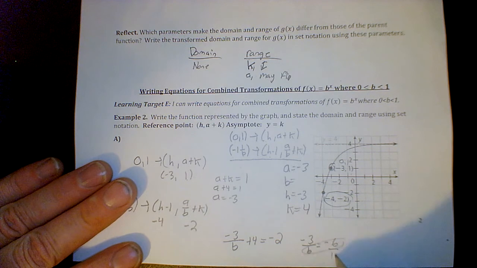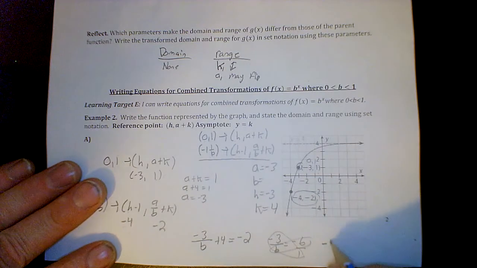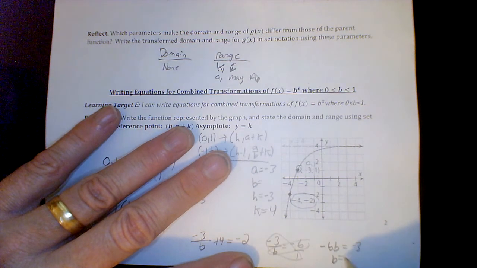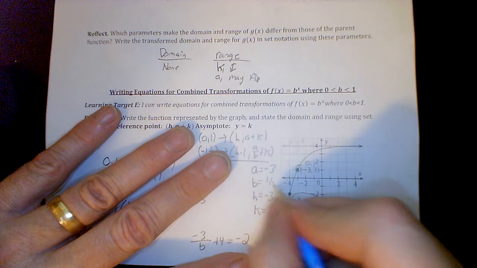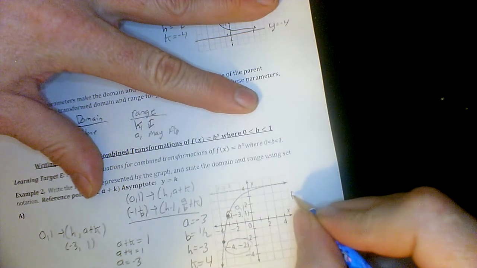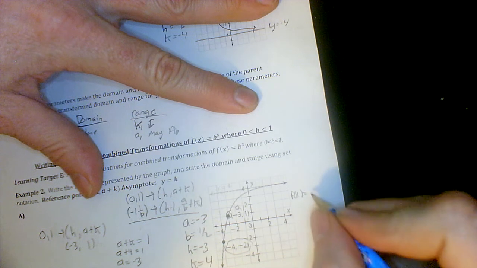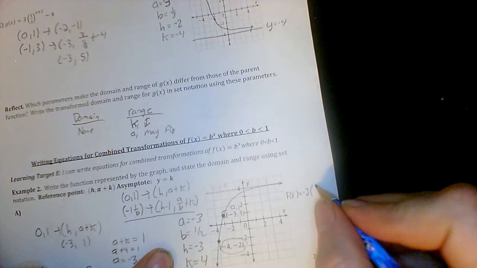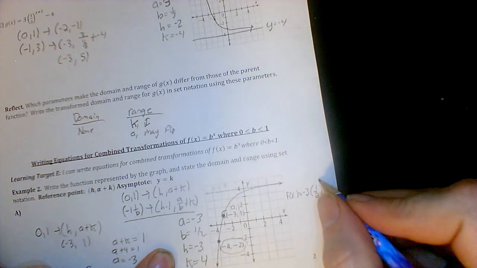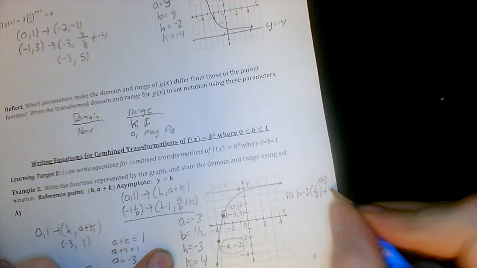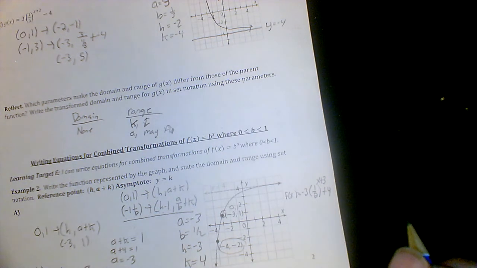We can cross here and here, and we get negative 6b equals negative 3. If I divide, I get b equals 1/2. I'm going to try to write it really small on here. So we get f of x equals my a value, negative 3, my base of 1/2, to the x plus 3, and then plus 4. Kind of hard to fit in there, but there it is.